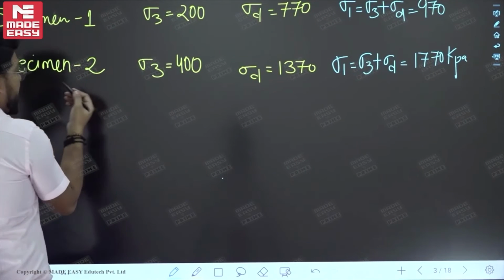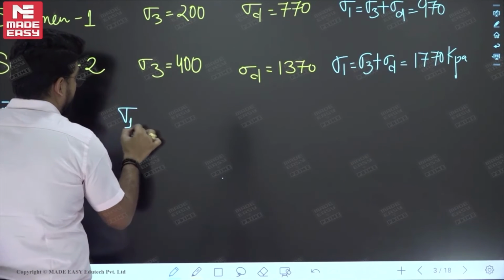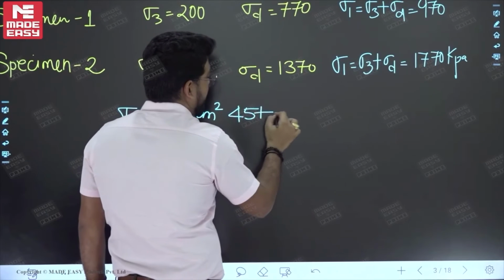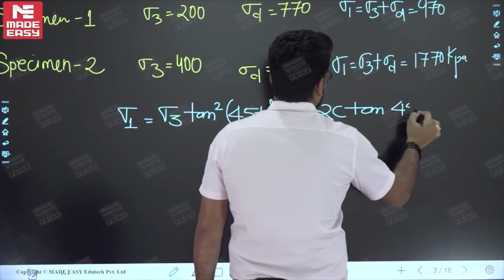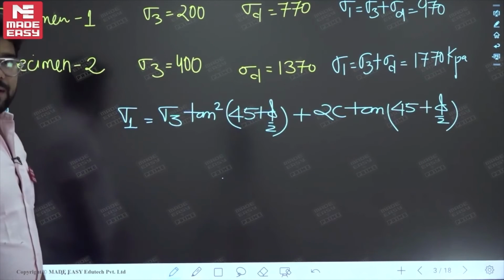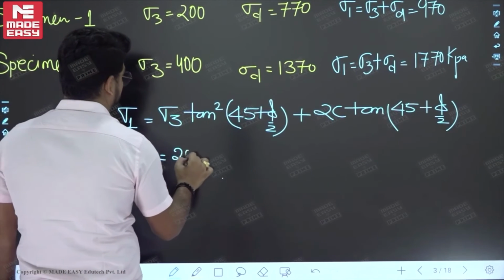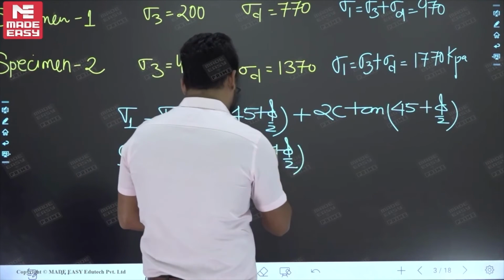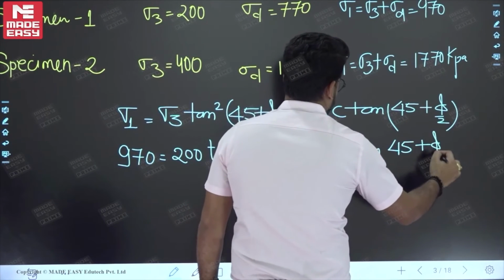We know at plastic equilibrium at failure condition, the interrelation between sigma 1 and sigma 3 is sigma 1 equals sigma 3 tan square (45 plus phi by 2) plus 2c tan (45 plus phi by 2). Clear? So this is the sigma 1 and sigma 3 interrelation. Now making the equation: 970 equals 200 tan square (45 plus phi by 2) plus 2c tan (45 plus phi by 2).